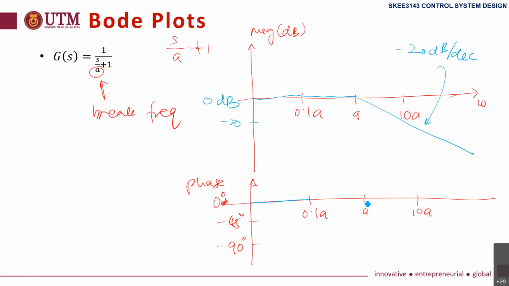When omega equals A, it is minus 45 degrees, because 1 over, it becomes negative. So here is 0, so it will be like this, and minus 90 degrees. This is a line with a slope of minus 45 degrees per decade.